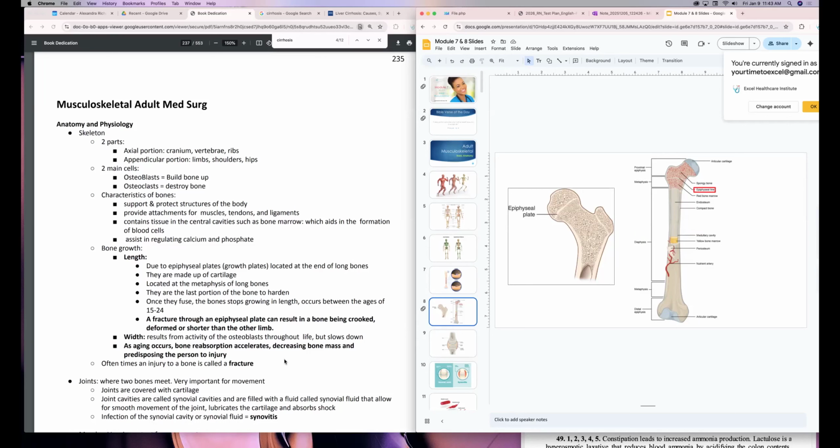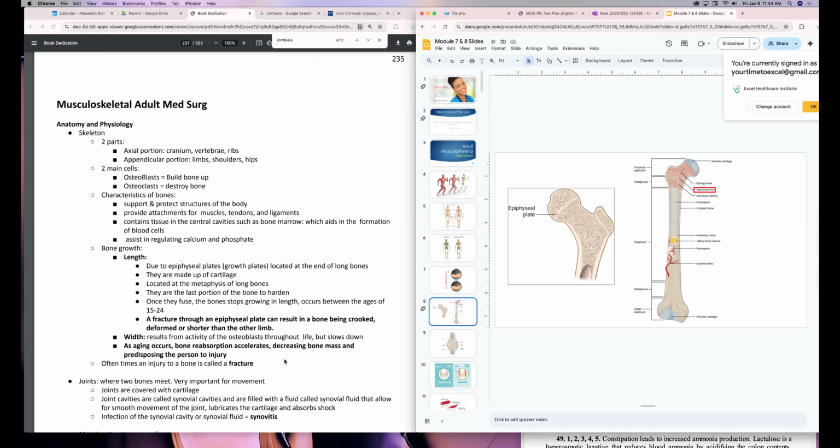Once they fuse, the bones stop growing in length, and this occurs between the ages of 15 and 24. That's usually when individuals experience a growth spurt, and once the epiphyseal plates harden, the bones will stop growing in length, and so the person will stop growing in height.